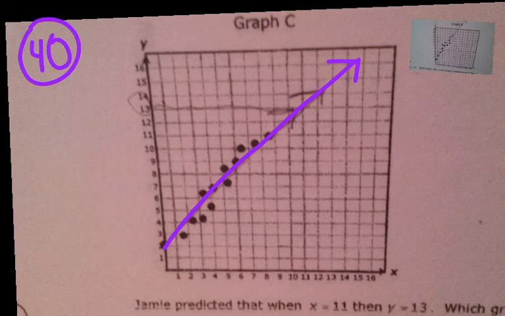It's saying when your x is 11, so you're going to go to 11. You want to follow all the way up till you hit the line, and then take a left. As you can see, going by the trend line, when x is 11, y does equal 13.